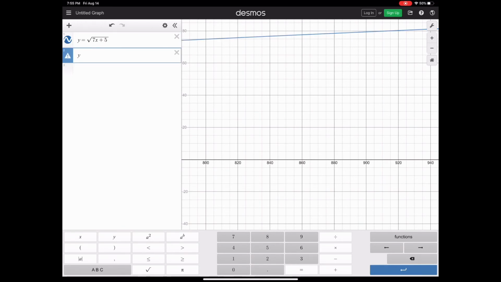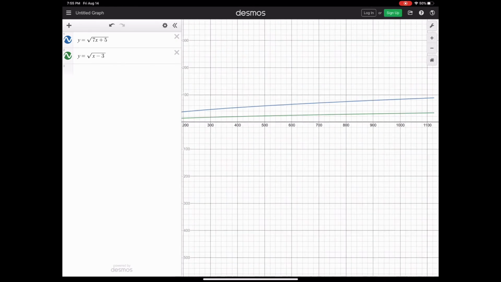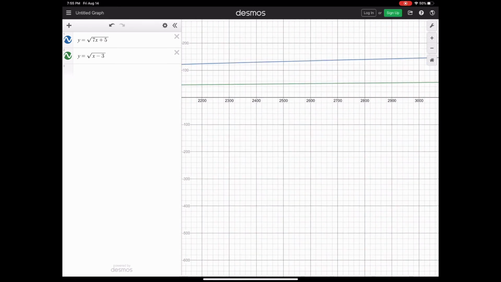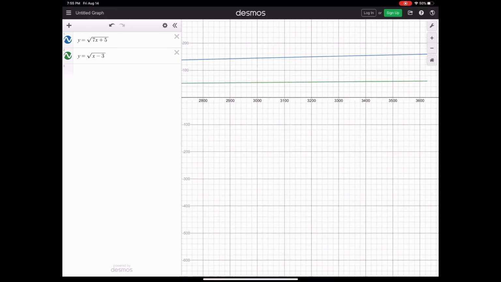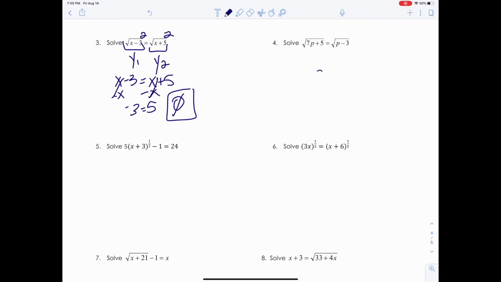And our second equation, y equals the square root of x minus 3. Okay. All right, so we look at these, and these look like they're never going to intersect. Okay, they kind of keep getting further, the lines keep getting further apart. So that one is no solution.